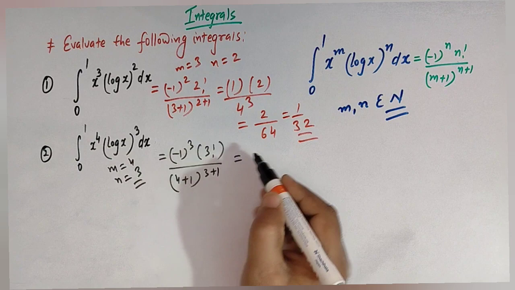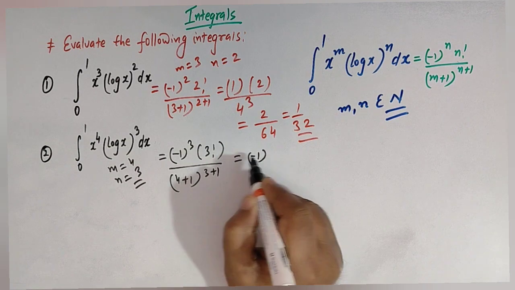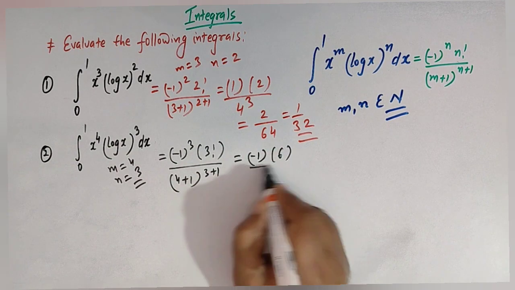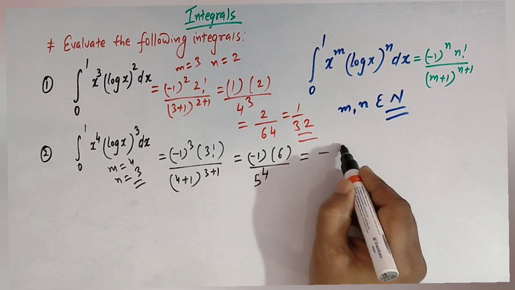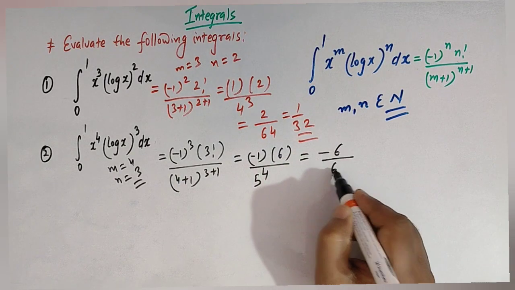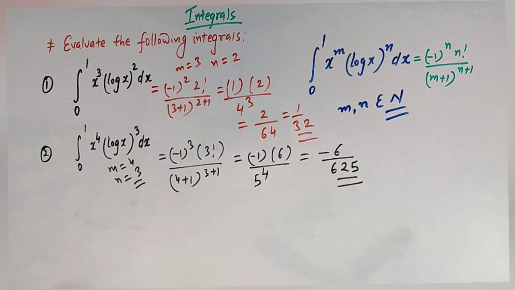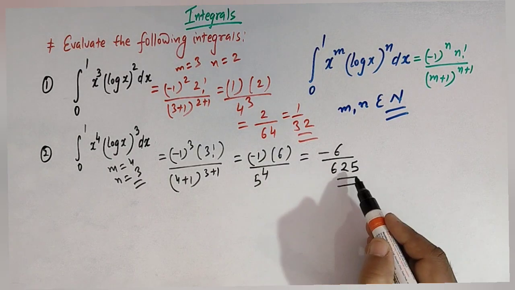Minus 1 raised to 3 is minus 1, 3 factorial is 6, and this is 5 raised to 4. So this is minus 6 over 625, since 5 raised to 4 is 625.